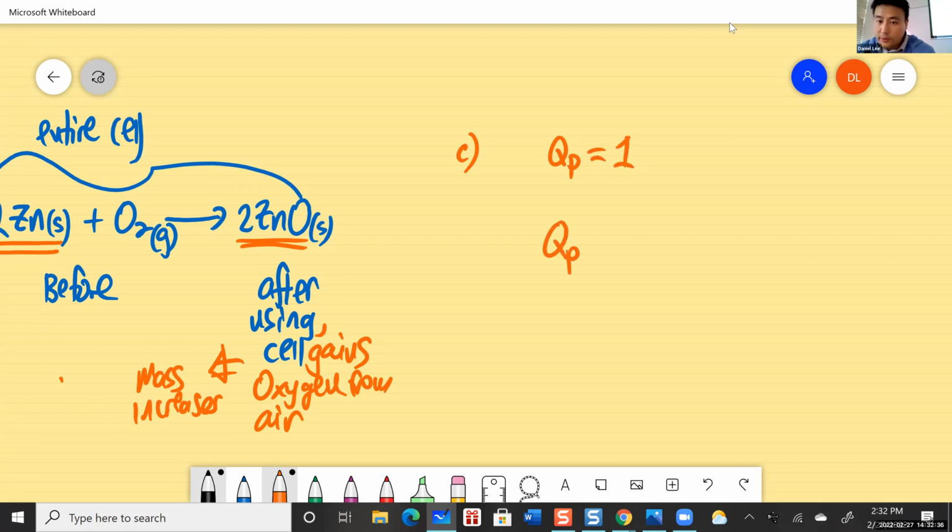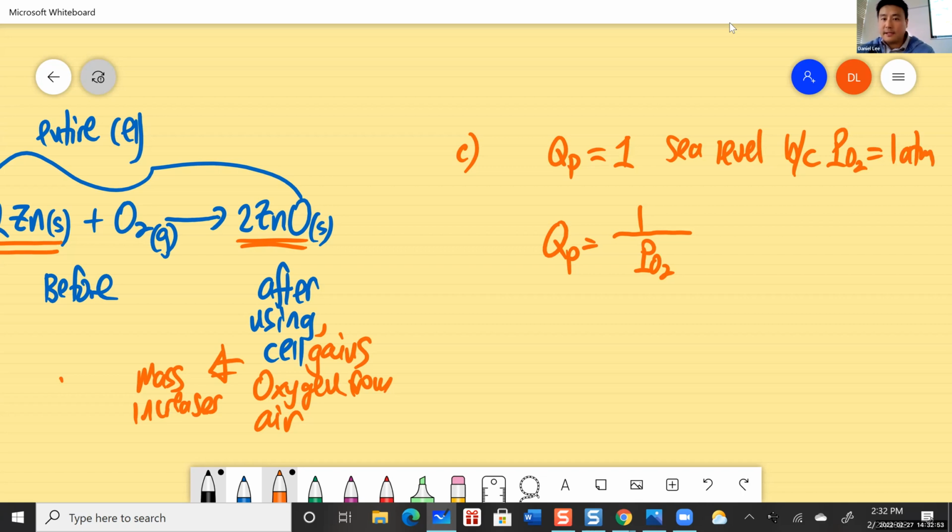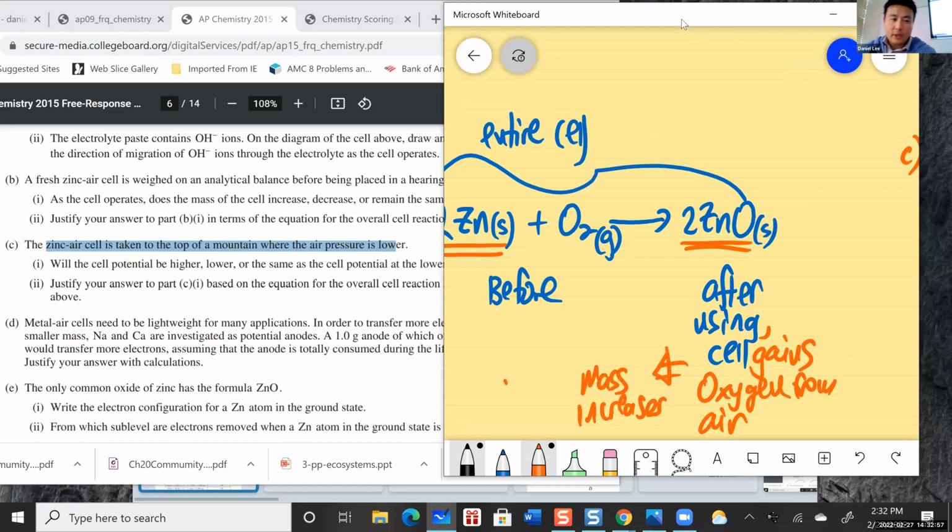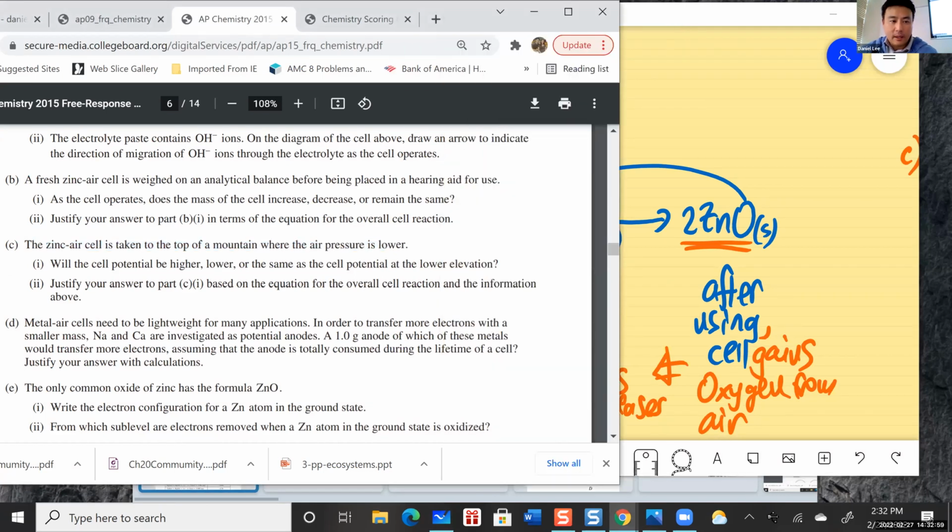So if your Q is 1 over the pressure of oxygen, this is at sea level, because the pressure of oxygen is 1, a standard condition. Now at the top of the mountain, the pressure of oxygen is not 1, it's less. So how is that going to affect the cell potential?